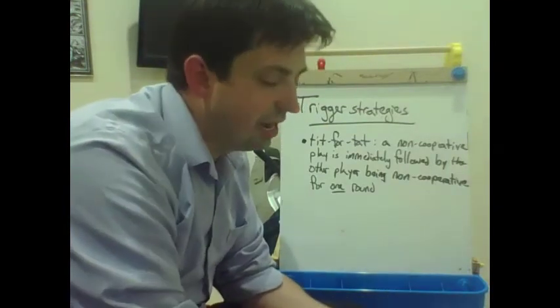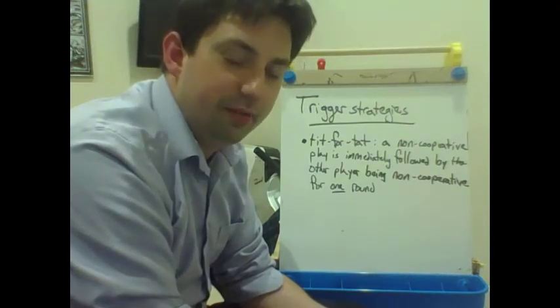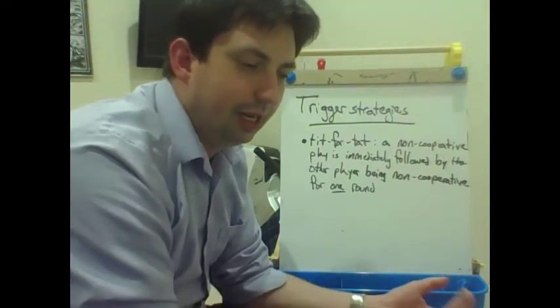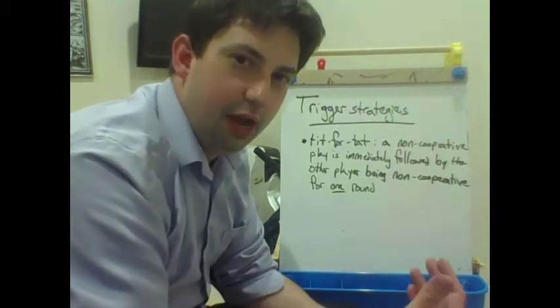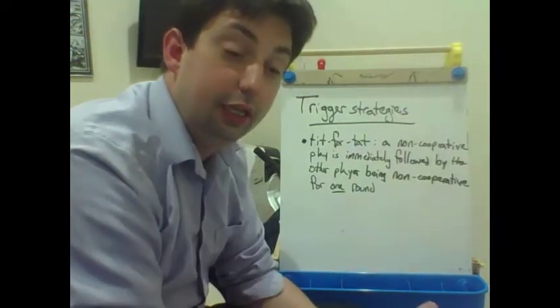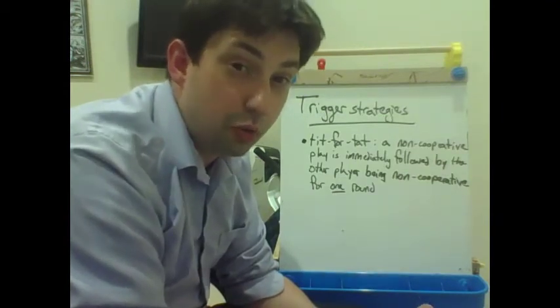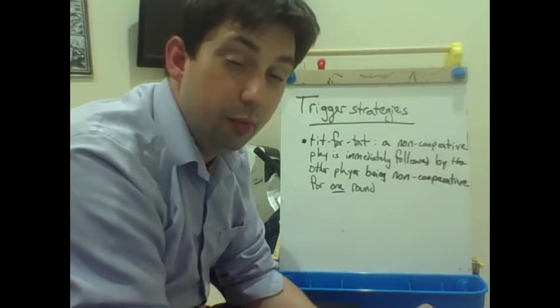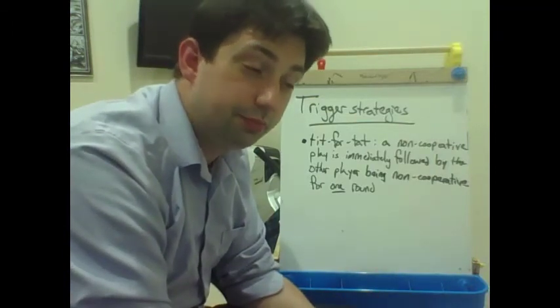Because the person will say, well, I could defect, but if I defect, then they're going to defect on me the next round, and now we're kind of stuck. But if I am confident that they will go to cooperation as long as I go to cooperation, then we can maintain that cooperative equilibrium.